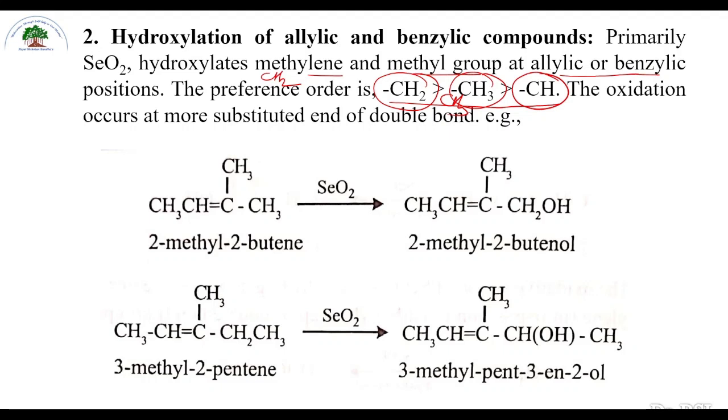The oxidation occurs at the more substituted end of the double bond. So here, when we take the example of 2-methyl-2-butene, in the carbon-carbon double bond, this side is less substituted and this side is more substituted.